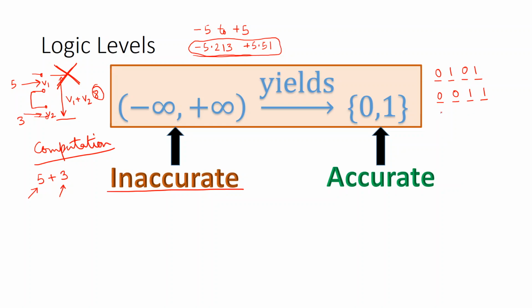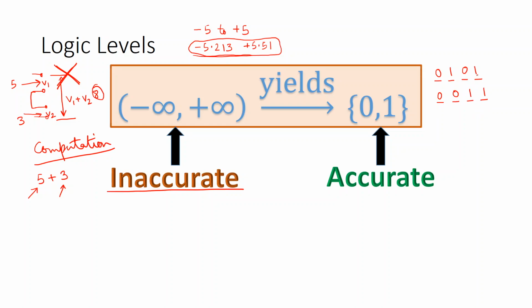So we have to set up the voltages in some way so that the inaccurate analog value of the voltage here is now read as 0, and the inaccurate analog value of the voltage here is now read as 1.